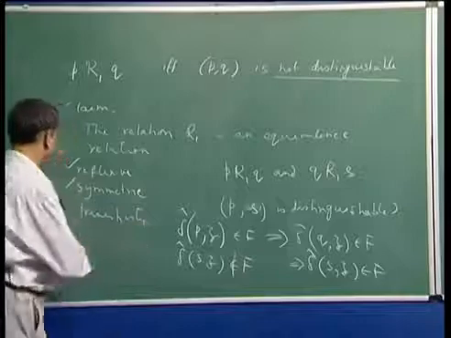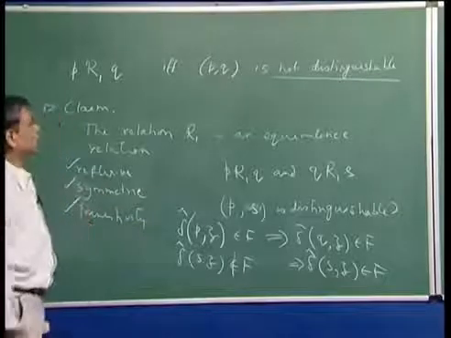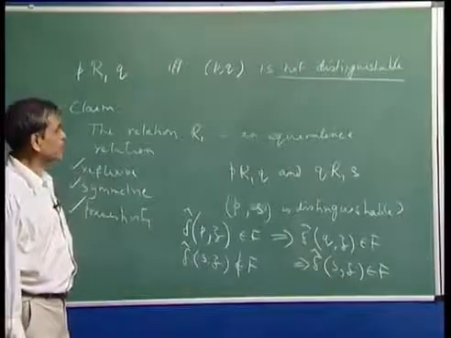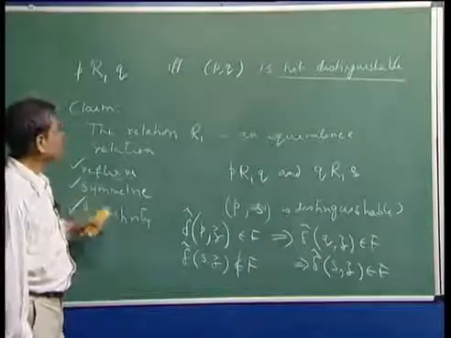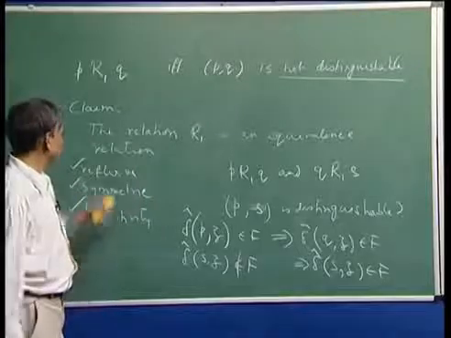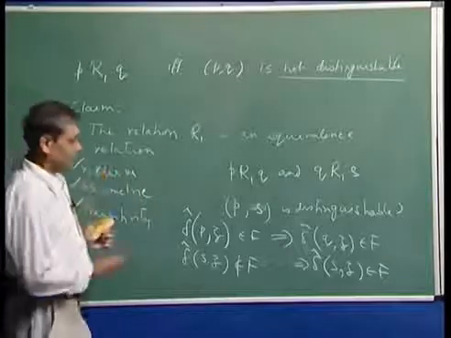So, therefore, the relation R1 is transitive, and therefore the relation R1 must be an equivalence relation.